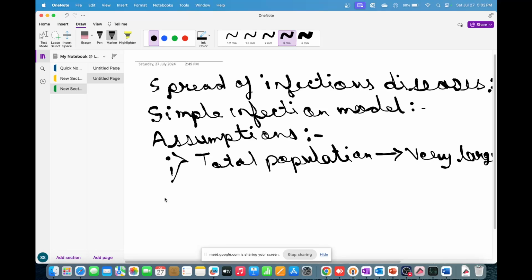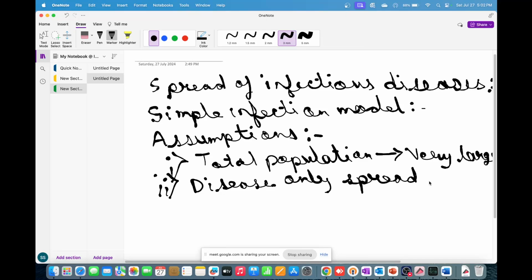The only way people can get infected is that the disease will only spread when they are in contact with each other. It is not that kind of a disease.